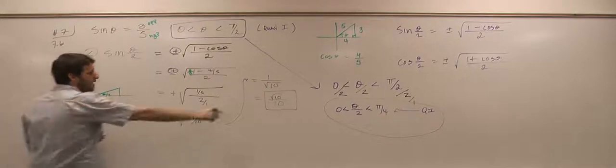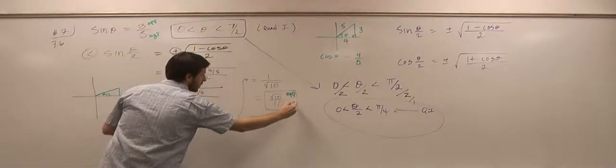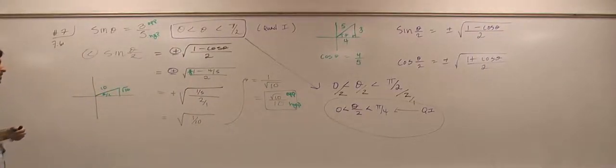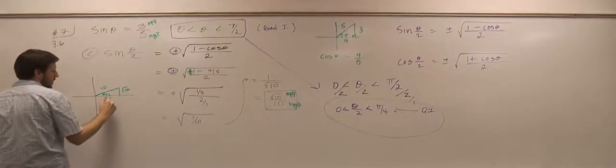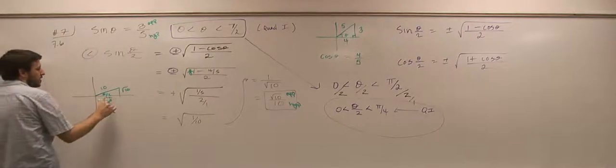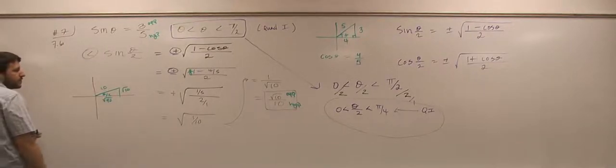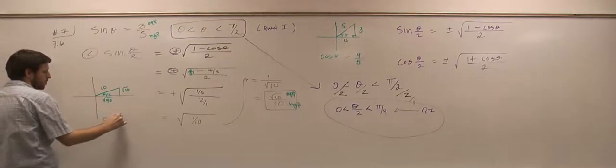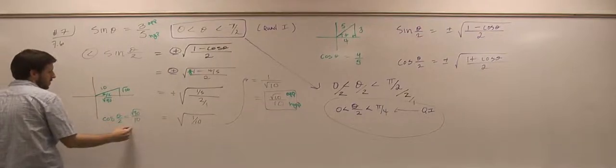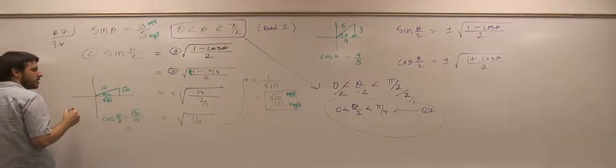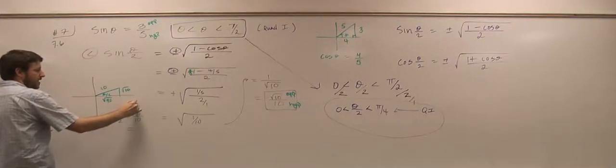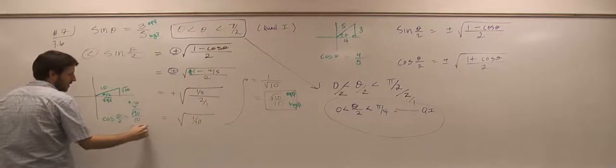You know sine is opposite over hypotenuse, so root 10 over 10. If you do the Pythagorean theorem, this will be root 90. So then cosine of theta over 2 will be adjacent over hypotenuse, root 90 over 10, but root 90 simplifies. Do you know how root 90 simplifies? 3 root 10, right? Because you change this to 9 times 10, and then you know the square root of 9. So this will be 3 root 10 over 10.